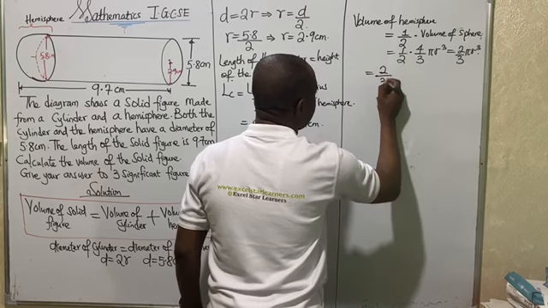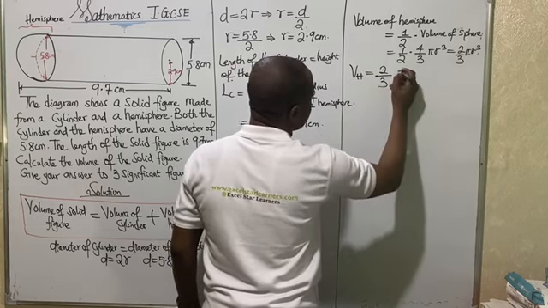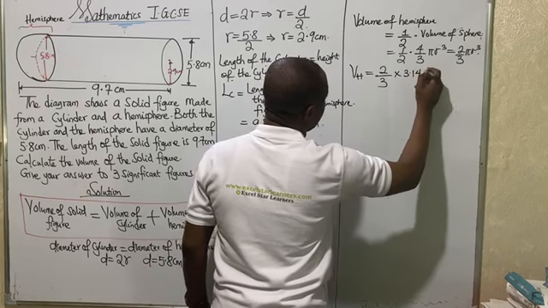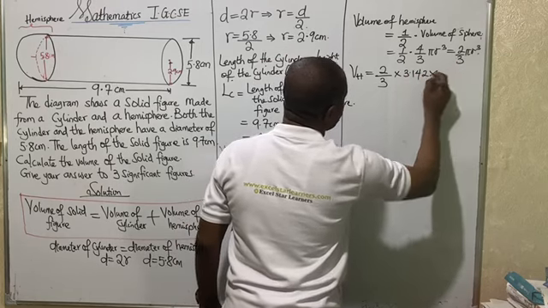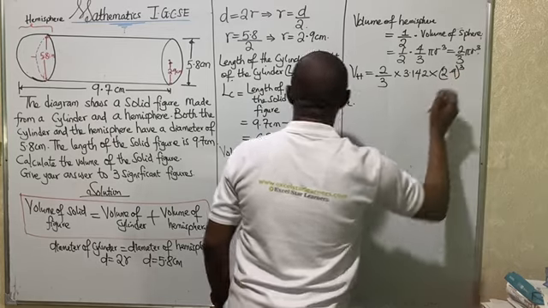So the volume of the hemisphere will be 2/3 times 3.142, which is pi, multiplied by the radius 2.9 raised to the power of 3.